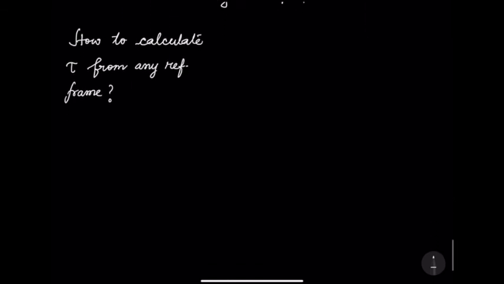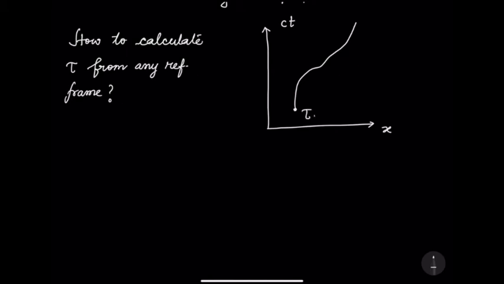So what are we talking about? We are talking about a particle moving along a trajectory. Let me draw the world line of the particle in a 1 plus 1 dimensional diagram, where I have only one spatial axis because that is the best I can do on this board. So say this is my trajectory. This trajectory starts at a certain proper time and ends at a certain proper time.